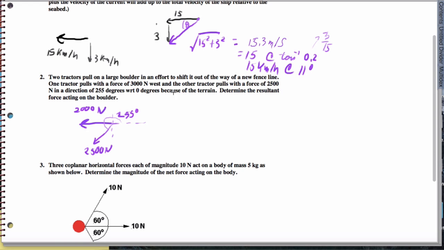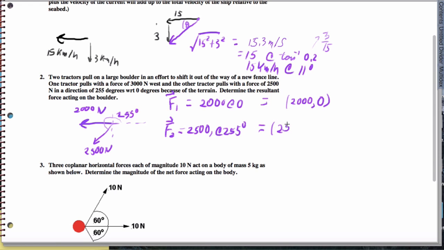So here's how I'm going to do this. I've got force 1, which I'm going to say is 2,000 at 0. When I want to express this in x and y coordinates, 2,000 cosine of 0 gives me 2,000, and the y component is going to be 0. And then I have F2, which is 2,500 at 255 degrees. Look how I write this in terms of x and y. That's going to be 2,500 times the cosine of 255, comma, 2,500 times the sine of 255.